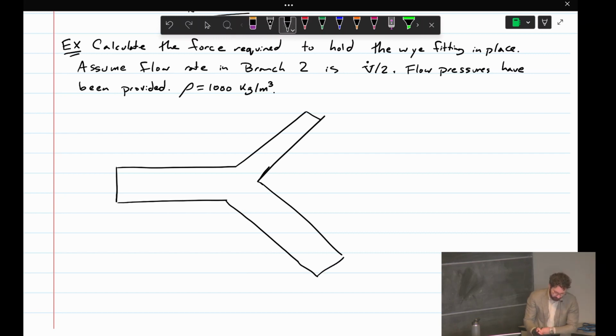Flow is coming in on the left here, V dot, and it's going to leave like this. So this is 1, 2, 3.